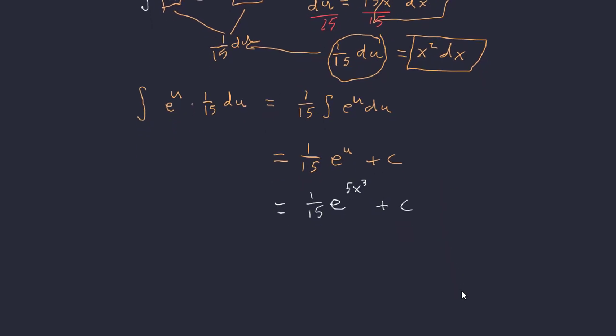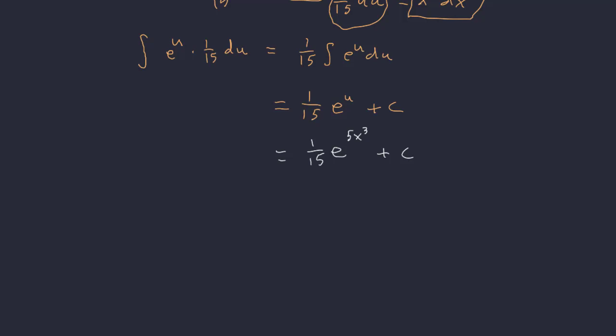Well, let's think about if we actually started with y equals 1/15 e to the 5x cubed, and I wanted to differentiate this, say I wanted to take the derivative. The chain rule says that, well, like any derivative or integral, the constant just comes along for the ride.